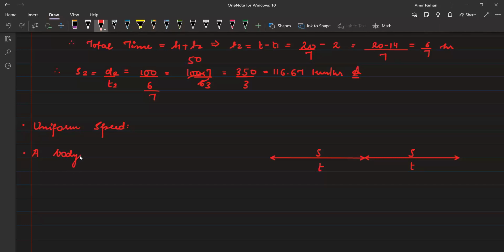A body with uniform speed travels equal distances in equal intervals of time.